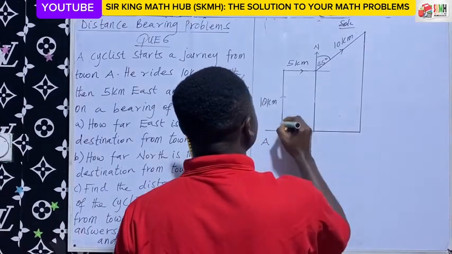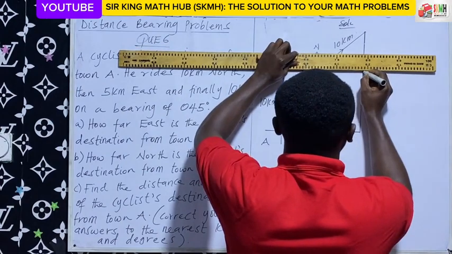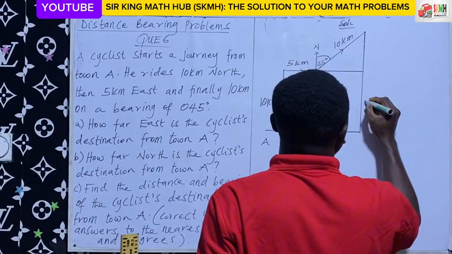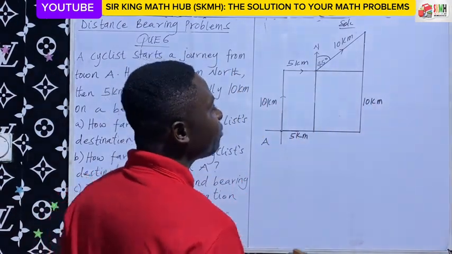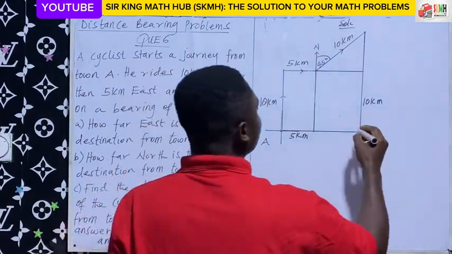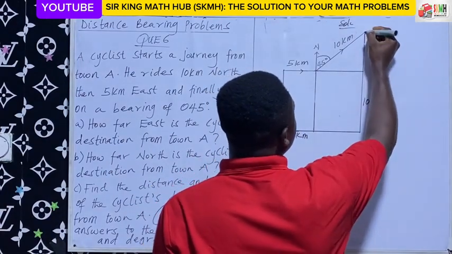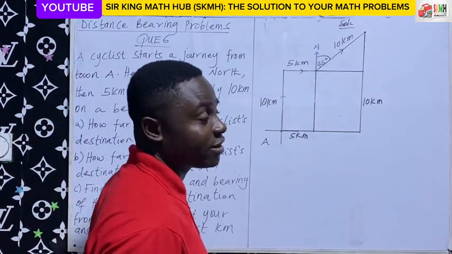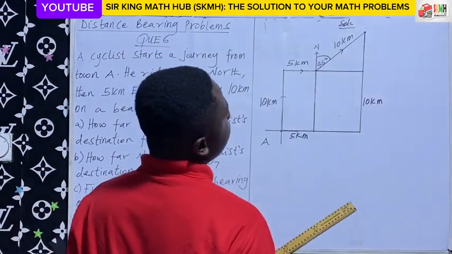And if from here to here measures 10 kilometers, then from this point to this point must also measure 10 kilometers. So for how far north you have traveled, it has also been divided into two, one part measuring 10 kilometers. So all that we need is to calculate this height here and add it to the 10 kilometers, and that will give us how far north you have traveled. But let's focus on this particular shape here.